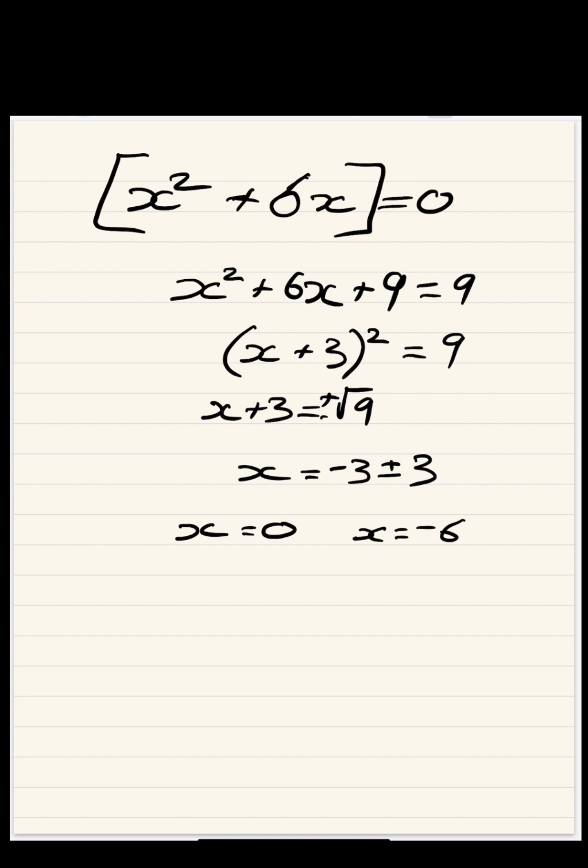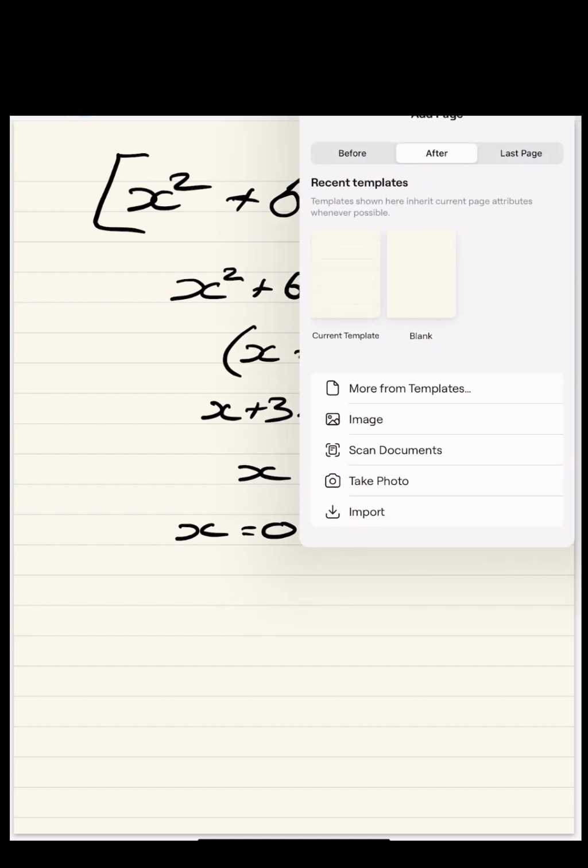Okay, let's have a go at a second example. So we're going to make it a little bit harder now. For our next example, we're going to have 3 terms. So I'm going to have x squared, add, let's say, 4x, add 2 to that equals 0.